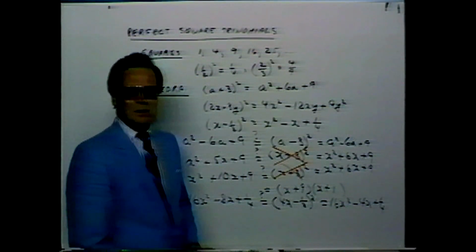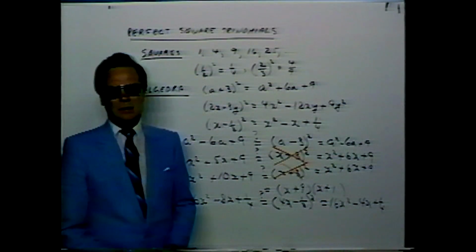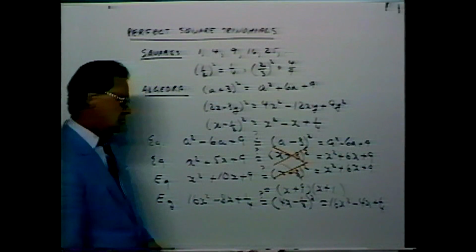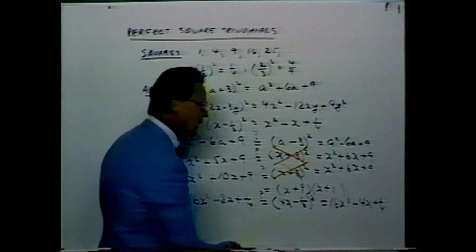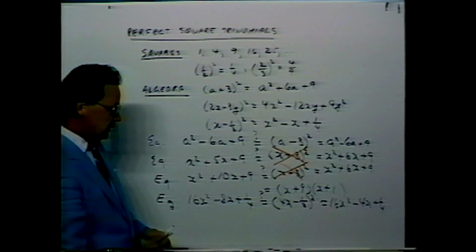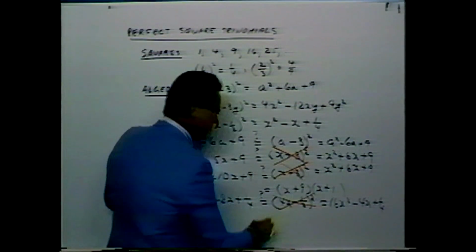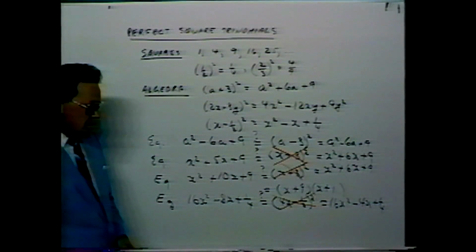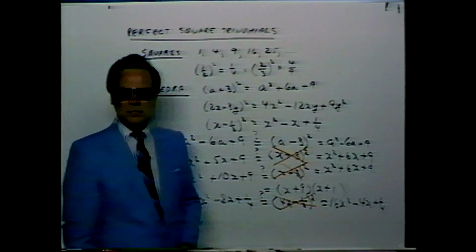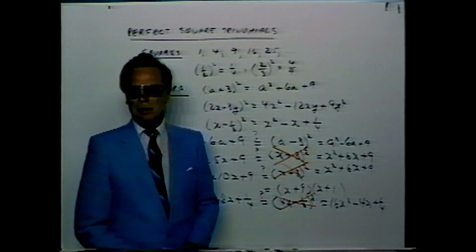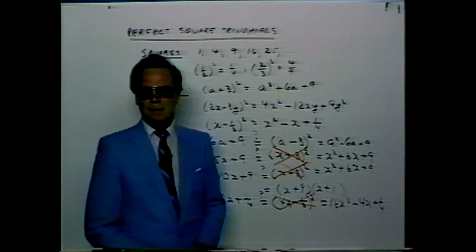And now you can check the middle term and notice that the possible answer, (4x - 1/2) quantity squared, is incorrect. So once again, our analysis did not lead to a perfect square.